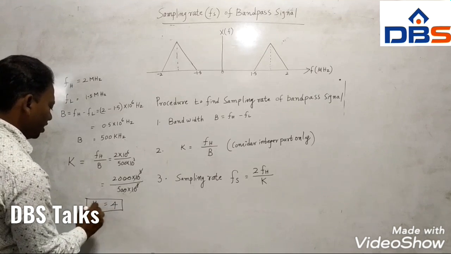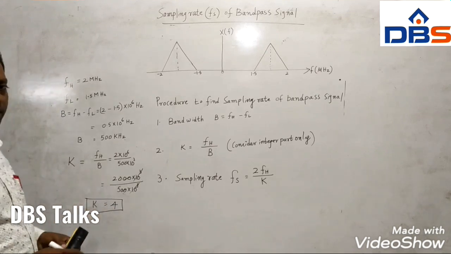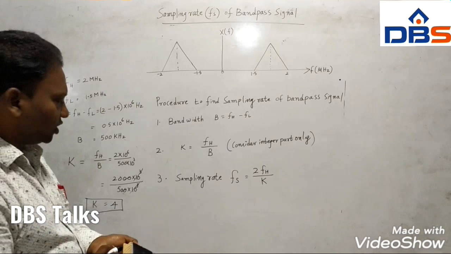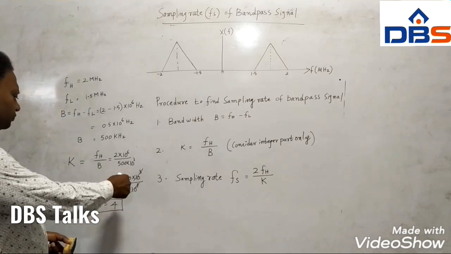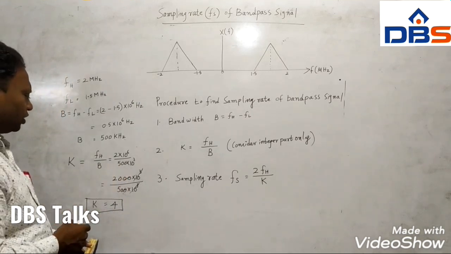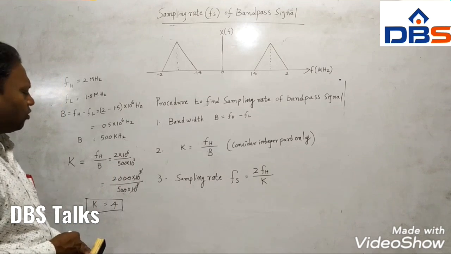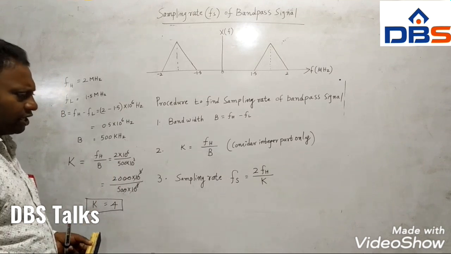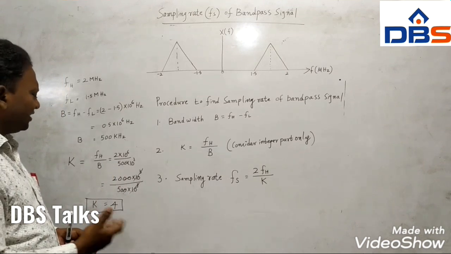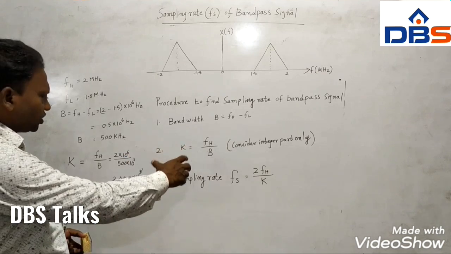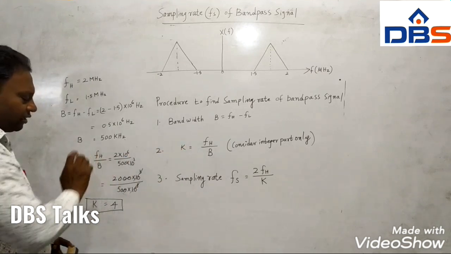The integer value k is exactly 4. Sometimes you will get a fractional value also. Suppose you get 20 by 5. Sometimes you can have 1 by 4 or 10 by 3. Like that you may get different values when you divide fh and the bandwidth.